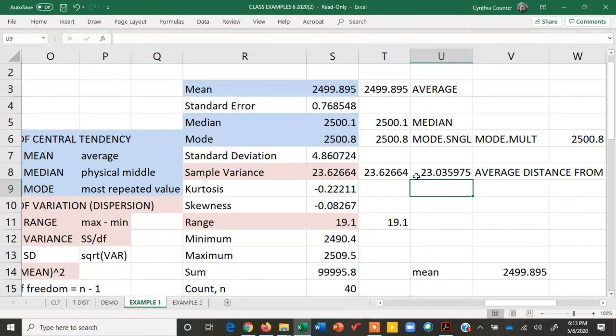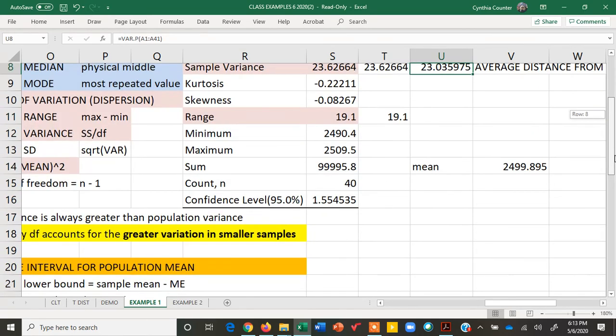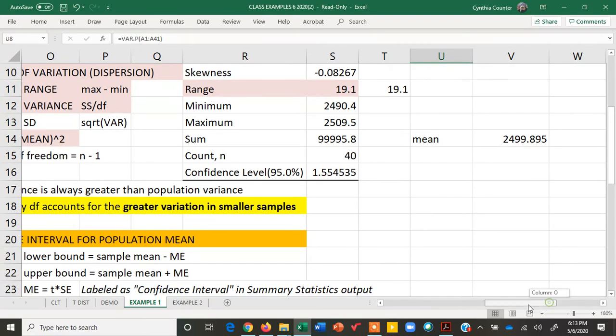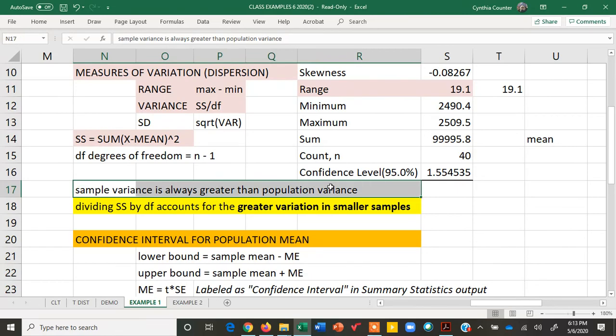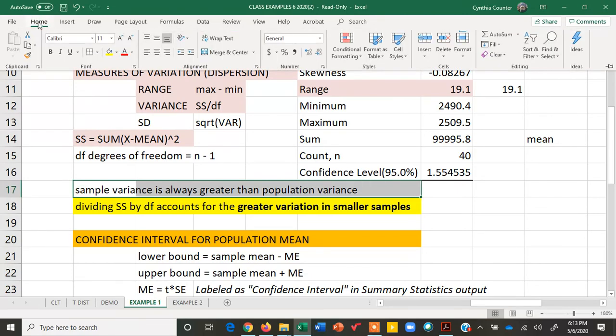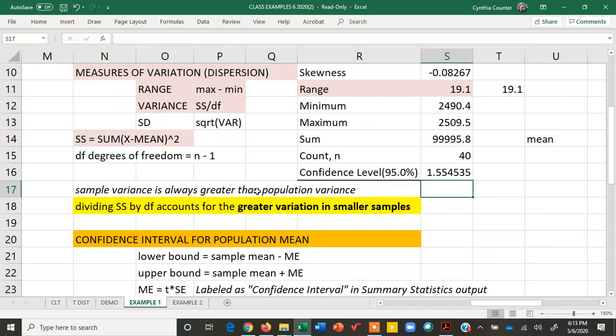See, population variance is smaller. Sample variance is always going to be greater than the population variance, and I do note that right here. The sample variance is always greater than the population variance, but the differences between the two will become smaller and smaller as the sample size gets larger.